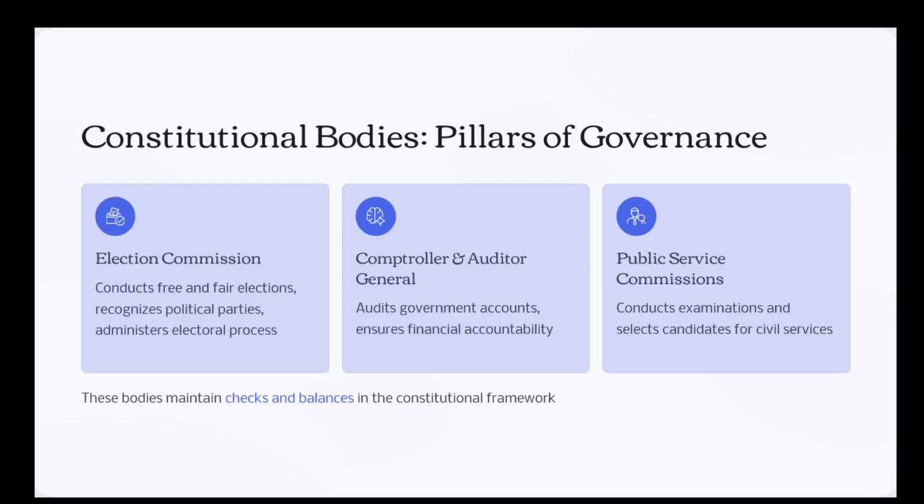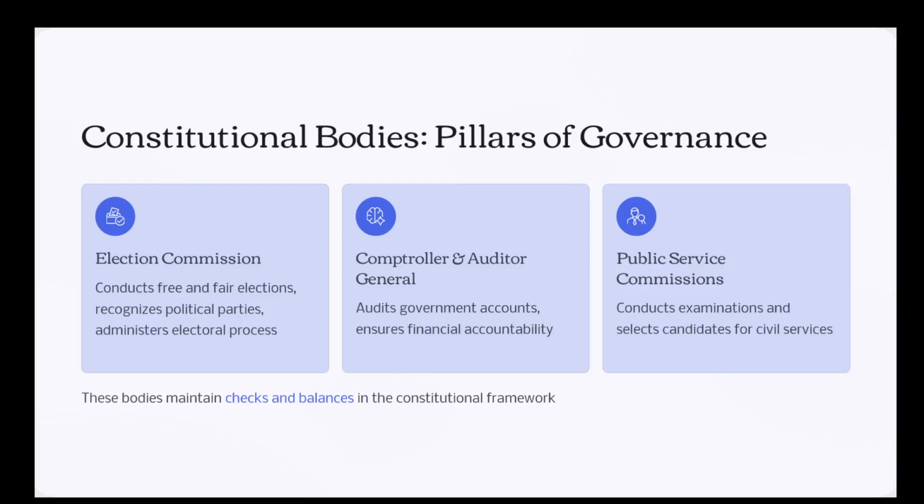So constitutional bodies, these are the pillars of governance. One is the Election Commission, second the Comptroller and Auditor General, then the Public Service Commissions. The Election Commission conducts free and fair elections, recognizes political parties and administers the election process.